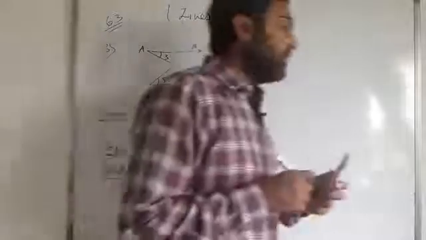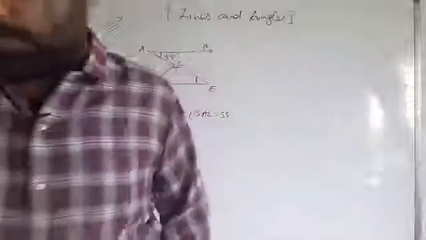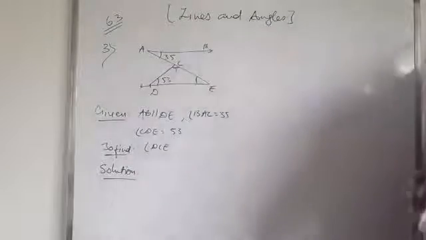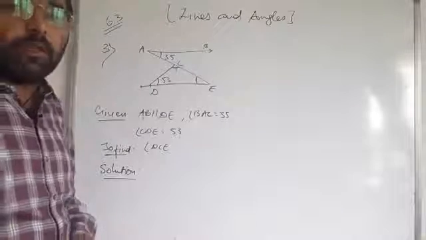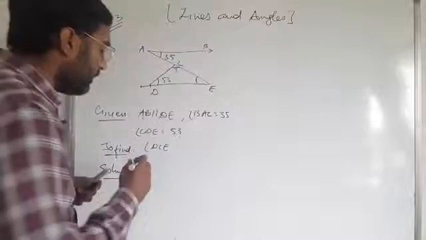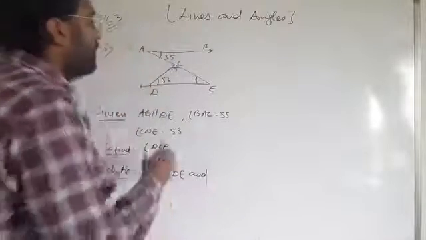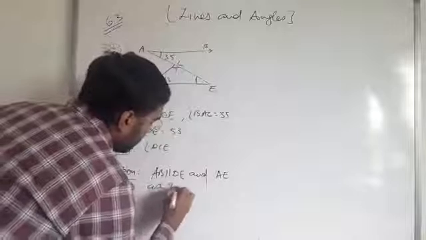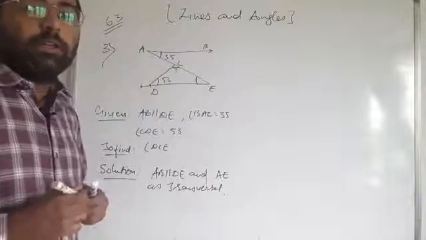So what is the solution? AB is parallel to DE, which is given, and we have to take AE as a transversal.